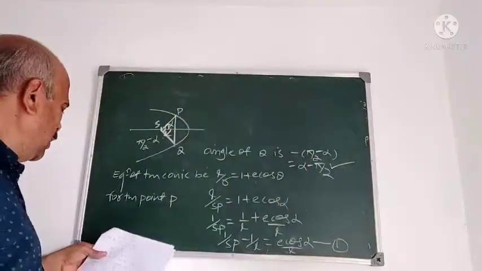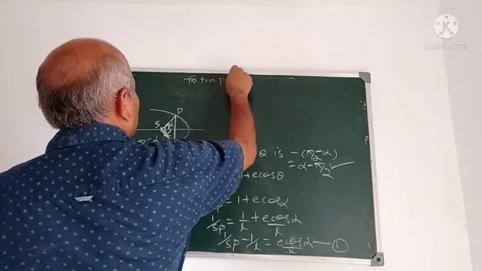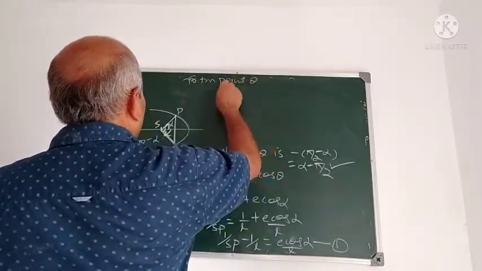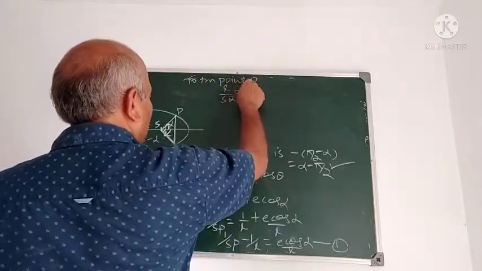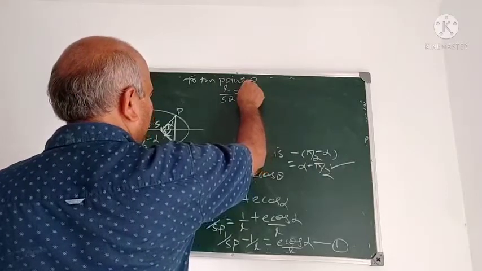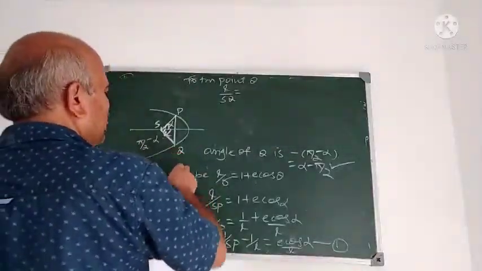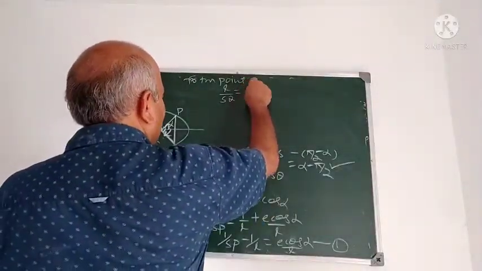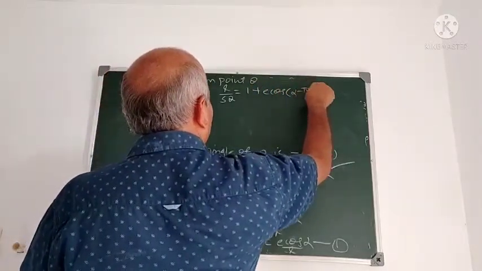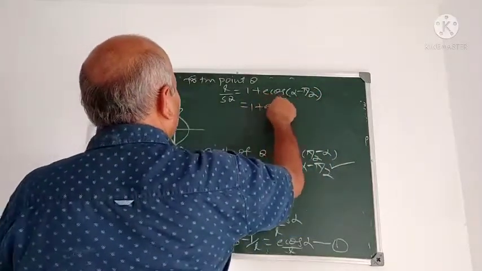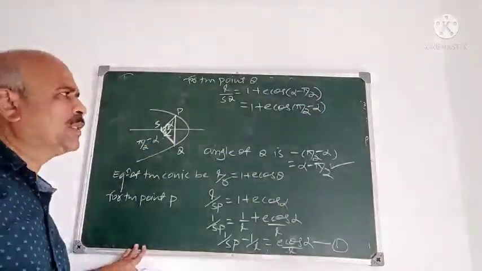Then similarly, for the point Q, R is SQ, the radius vector. L by SQ is 1 plus E cos of (alpha minus pi by 2), which is 1 plus E cos (pi by 2 minus alpha), because cos of minus theta is plus cos theta.